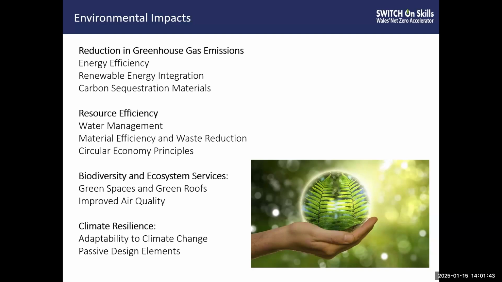We can manage our water, for example, much more efficiently, and our material and waste consumption leading to a more circular economy, as well as green spaces and climate resilience and the adaptability to climate change, as well as the passive design elements. So rather than burning these fossil fuels and having an impact on the earth, we could just be much more passive and use the energy that's given to us almost. We can generate our own energy from that.